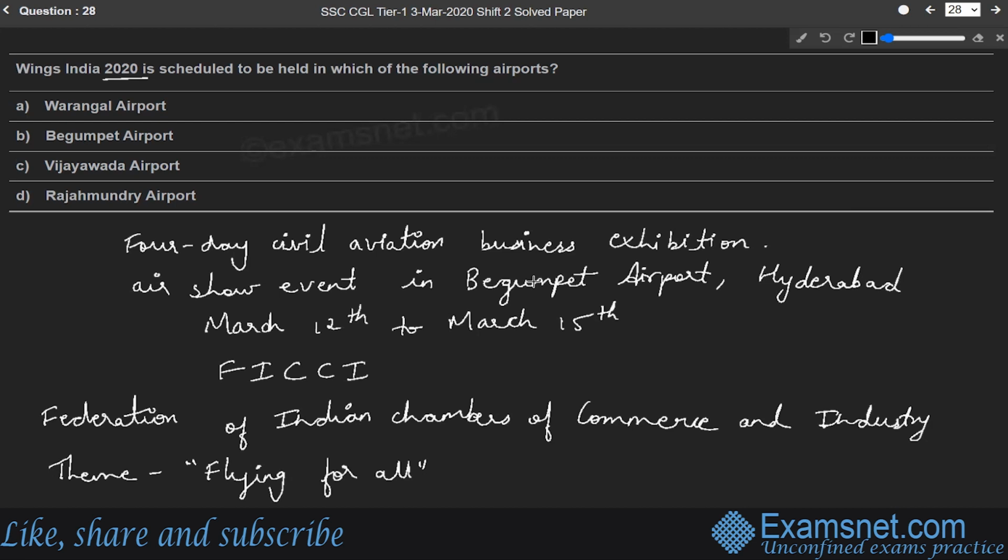So, for this question, the correct answer will be option B, that is Begumpet Airport. Wings India 2020 was an air show event that was held in Begumpet Airport in Hyderabad. So, for this question, the correct option is option B. I hope you are clear with it.